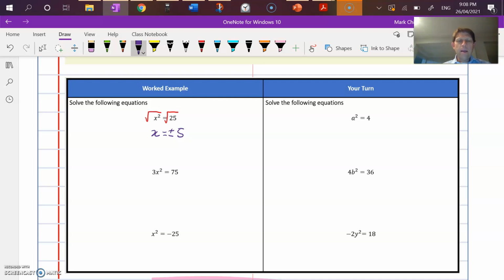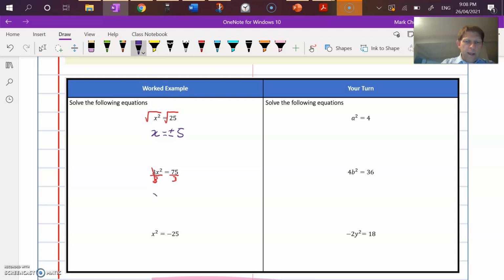In the next one, that looks a little bit more complicated, but we can solve that. First things first, we can get rid of that 3 that's in front of the x squared. The x squared is being multiplied by 3. So the opposite of being multiplied by 3 is to divide by 3. I'll have to do that to both sides. That's going to cancel those 3's out.